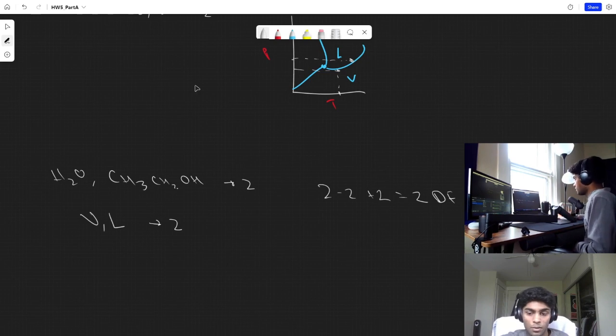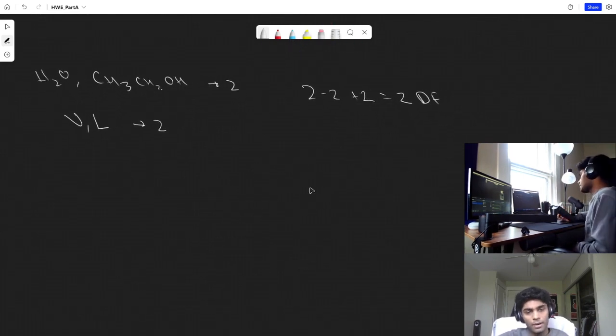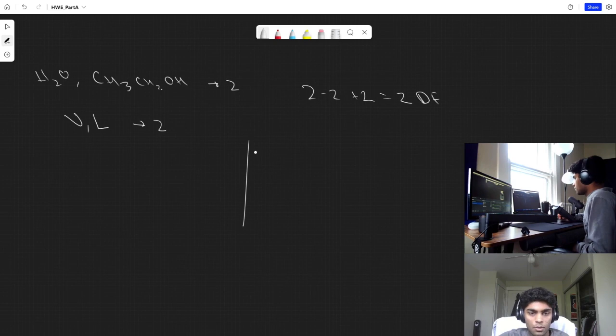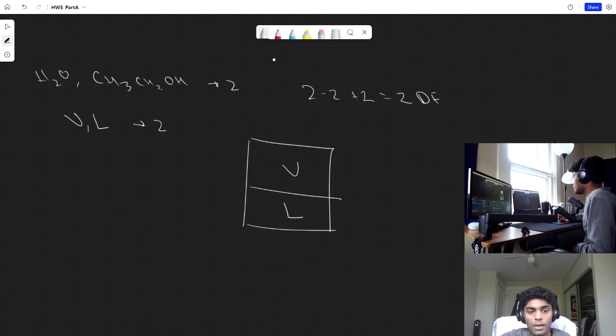You might be wondering, wait, how does that work? So let's draw this out. We have our vapor phase, we have our liquid phase. When we say that we have 2 degrees of freedom, there are a couple of things that we can adjust. The first one that might jump out at you is that we can set both the temperature and the pressure of the system. So we could say the temperature is going to equal this, and the pressure is going to equal this. And so what are we setting after that?